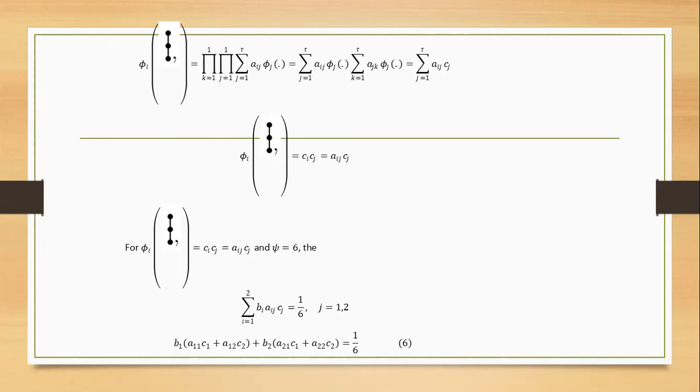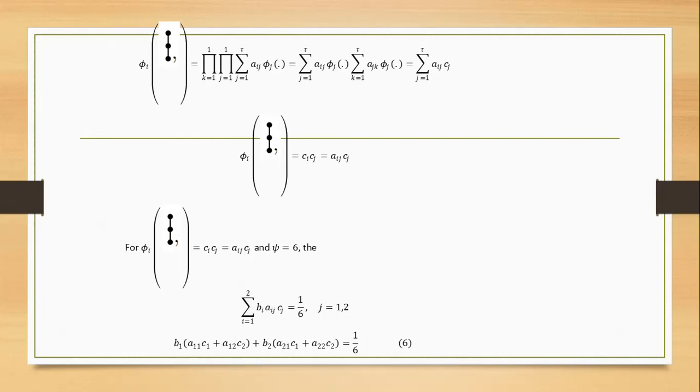Then if I substitute that into my equation 1, the density of this tree is 6. We have calculated it before. Then I have the summation from i equals 1 to 2 of bi aij cj equals 1 over 6.